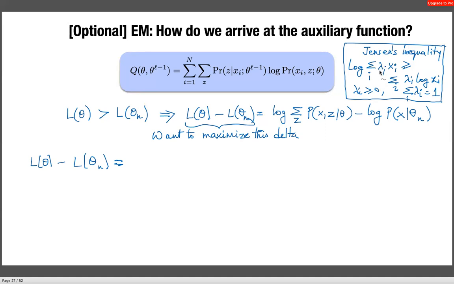So I can set that constant to be probability of z given x and theta n, because theta n is already fixed, and that can serve as lambda.